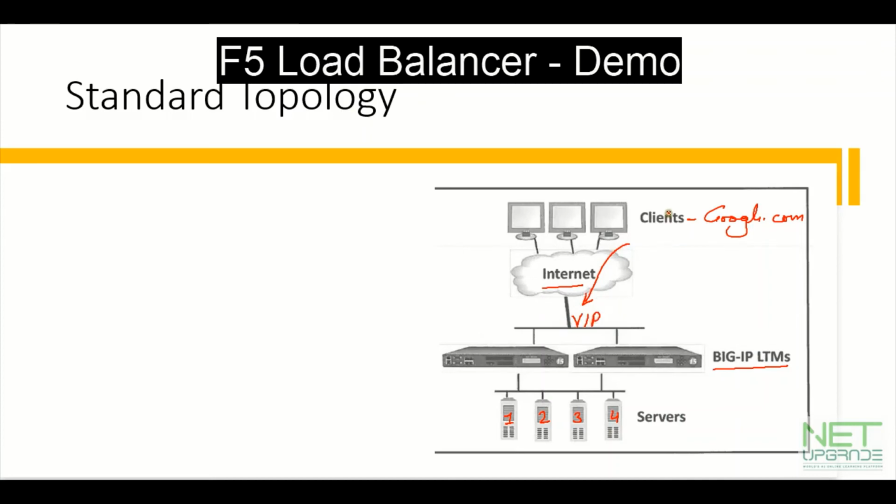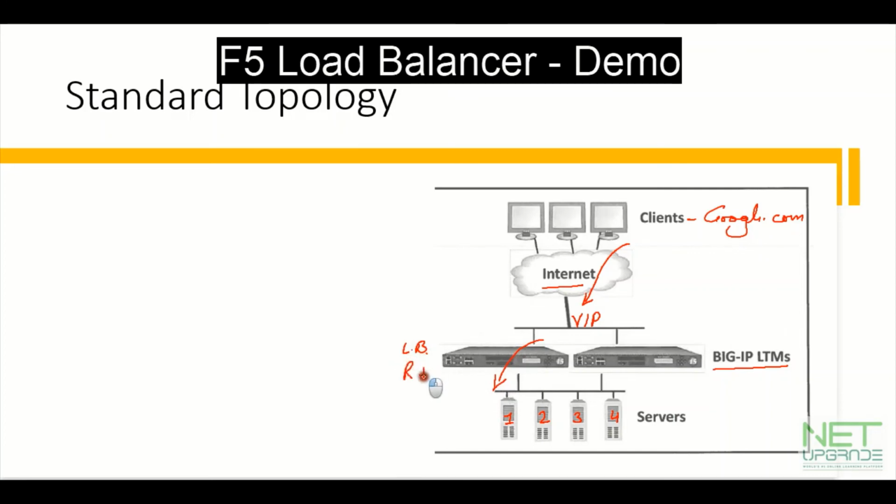So all the requests by the client land on the VIP on the F5 LTM, and the F5 LTM will send each request to a particular server based upon the configured load balancing algorithm.